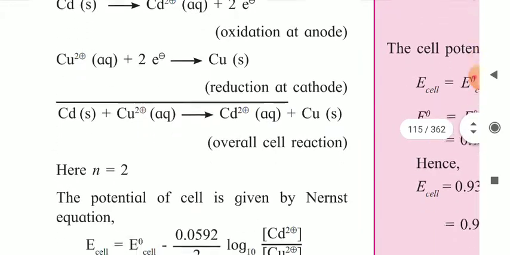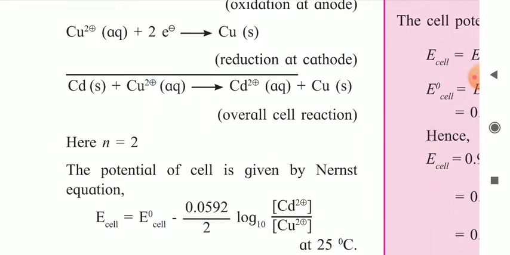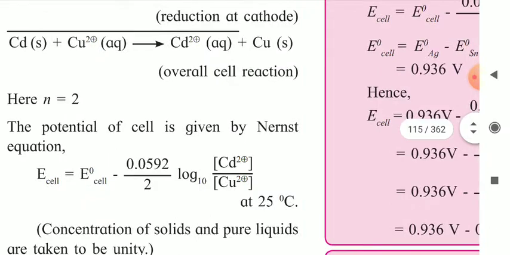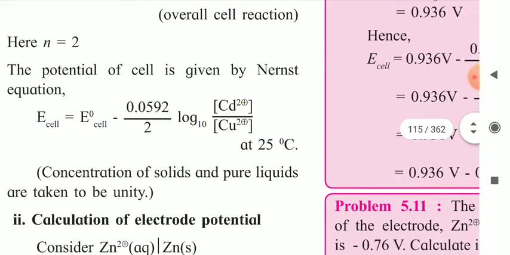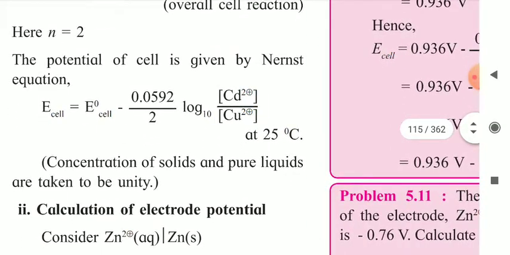Here students, the number of moles of electrons used in the reaction is 2, and the potential of the cell is given by the Nernst equation that we have already derived in the previous part, that is E cell is equal to E0 cell minus 0.0592 divided by 2 log to the base 10 of the concentration of Cd2+ ions divided by Cu2+ at 25 degrees Celsius.